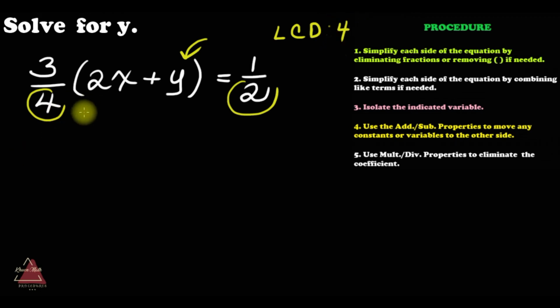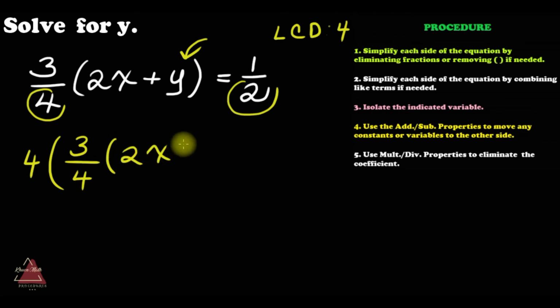Okay, so we're going to multiply the left side by 4, and then we're going to multiply the right side by 4. So here we have 4 times 3 over 4, and then that times 2x plus y. And then on the other side, we have 1/2, and then we're going to multiply that by 4.